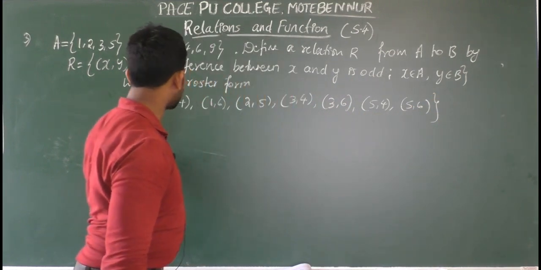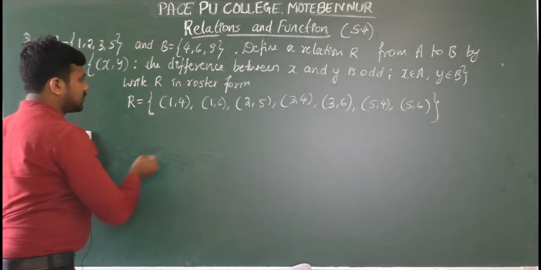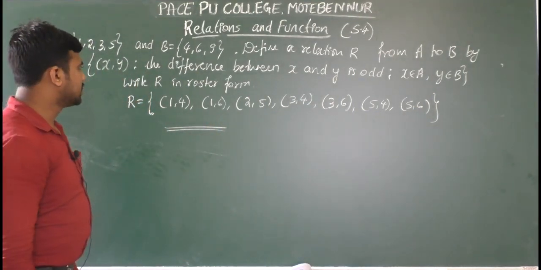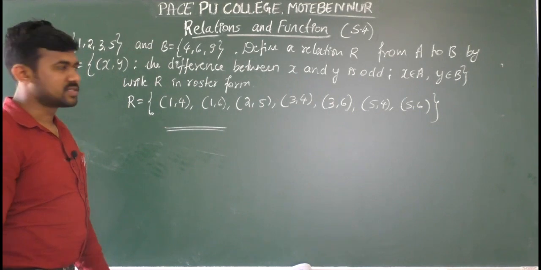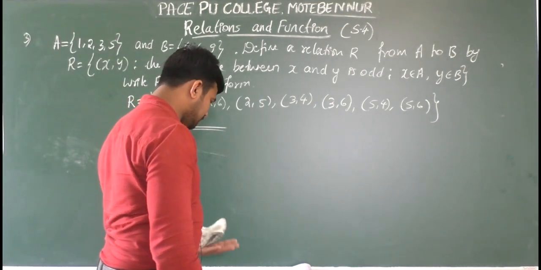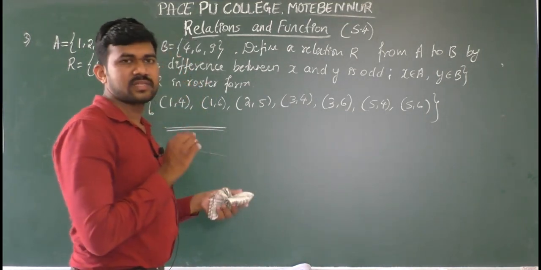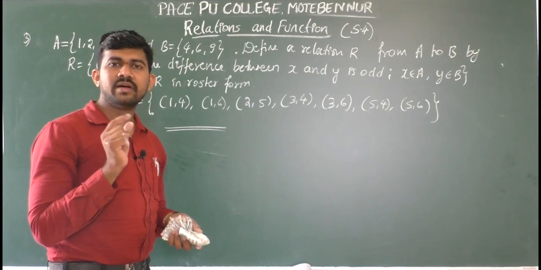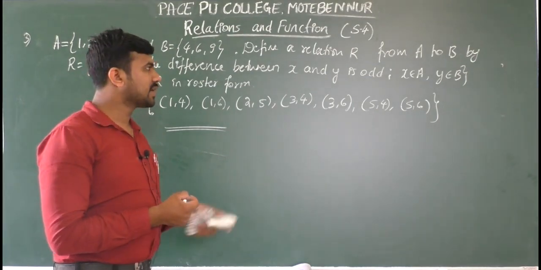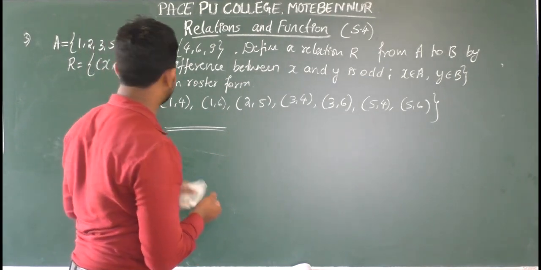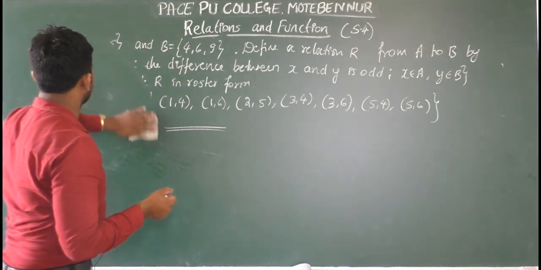Now this is the R you got. This is the question asked, so we answered and got here, so this is the correct answer. Check properly and write down. You can note down the points when we are doing in the class. You can keep one point book, in which we can write down some required points for your reference.